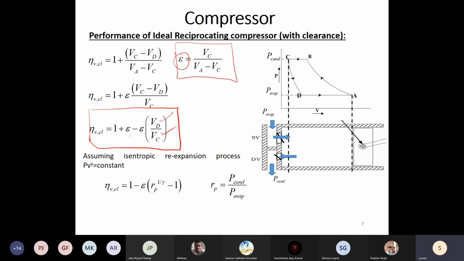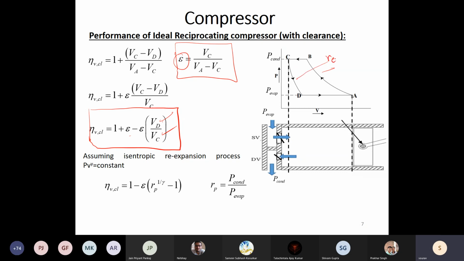Now, why we have converted this expression into VD and VC is because we'll now apply one assumption. The assumption is about the compression and the re-expansion.